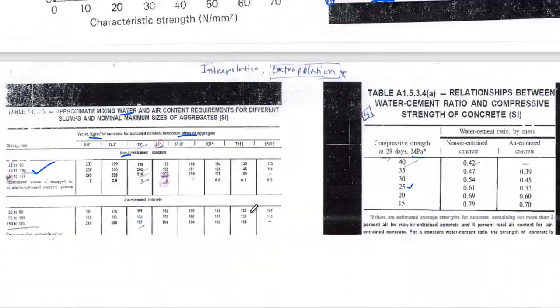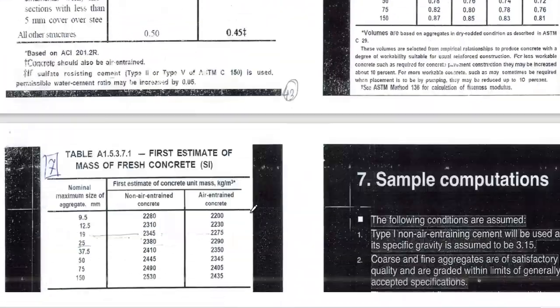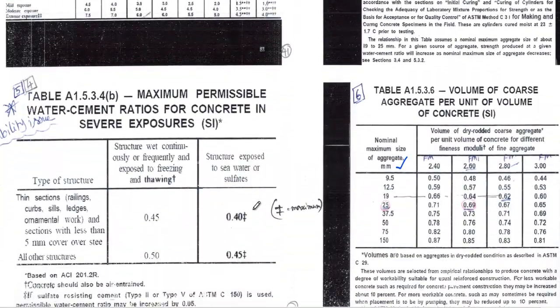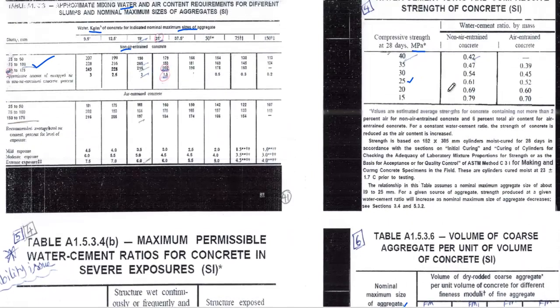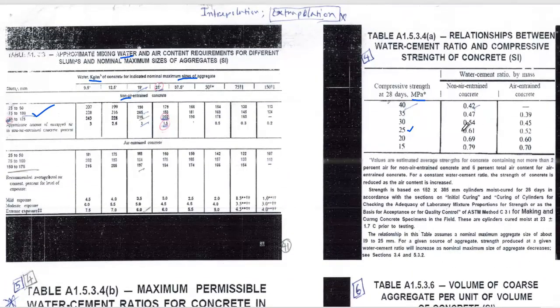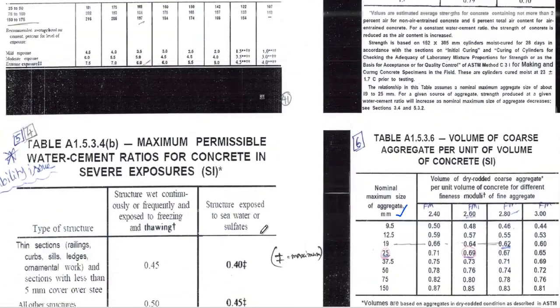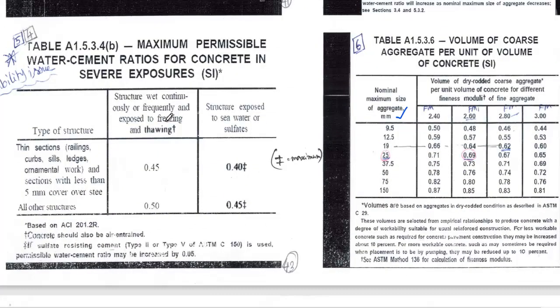Now, if you do one example, additional information is like that. Even though you have confirmed your water cement ratio here, you need to check the exposure condition. Either it is in freezing or thawing condition, right? That time the water cement ratio should be 0.45 for this kind of members, or for other members it is 0.50.